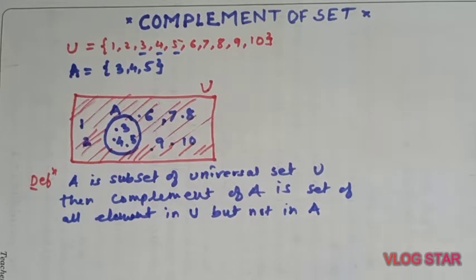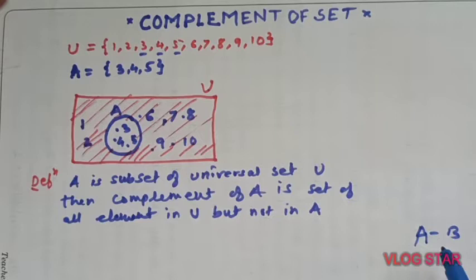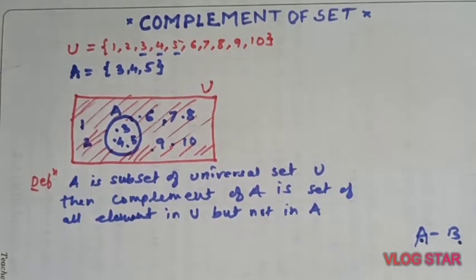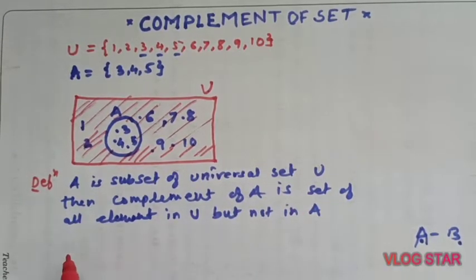What is the meaning of A minus B? Difference of A and B means the set of all elements in A but not in B. So this is like U and A difference. Can I write the same definition in the form of set language?